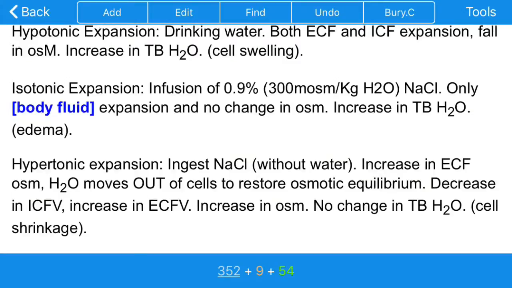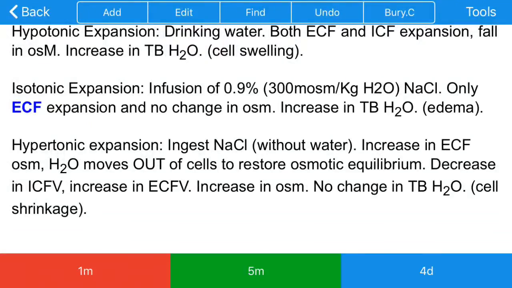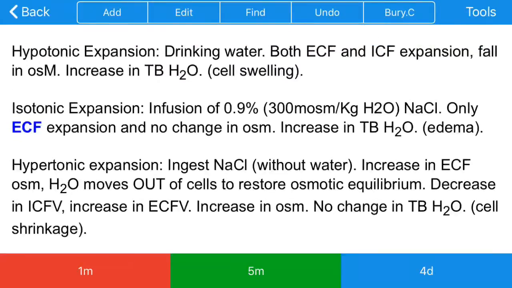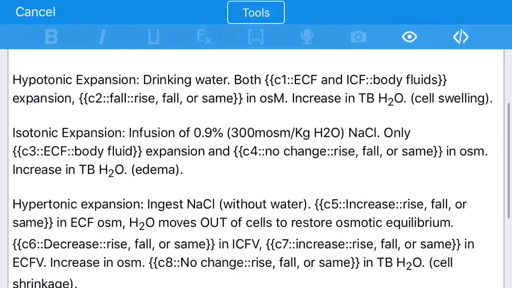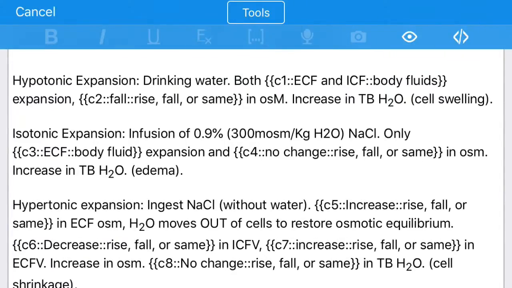Isotonic expansion, 300 milliosmoles, probably only plasma expansion. And that is probably only ECF added, right? Because of the hydrostatic pressure. Alright, let's fix this.